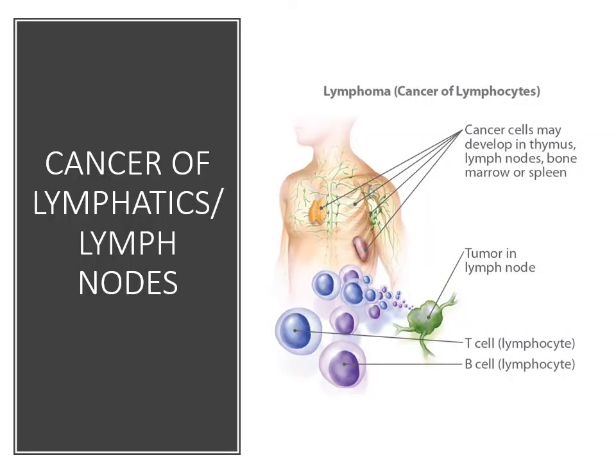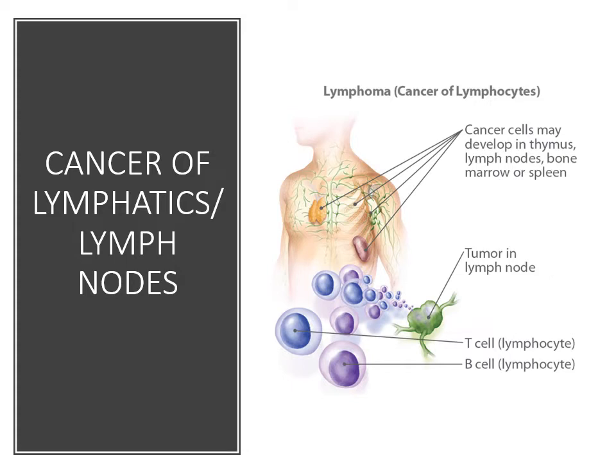Okay, so when we're talking about cancers of the lymphatic system or lymph nodes, they're called lymphomas, right? And these cancer cells can develop in the lymph nodes themselves, in the thymus gland, the bone marrow, or the spleen. Okay, and they're typically made up of T cells or B cells.